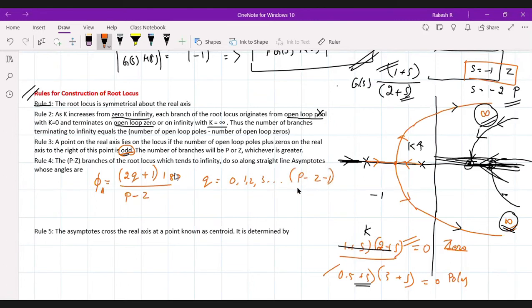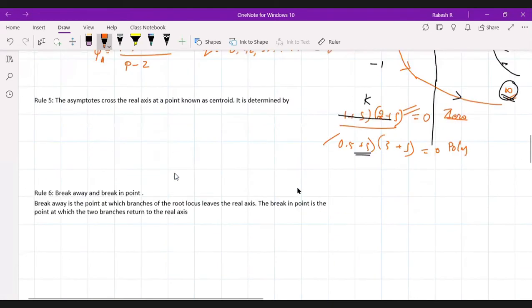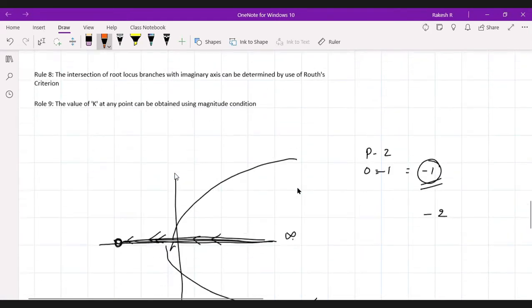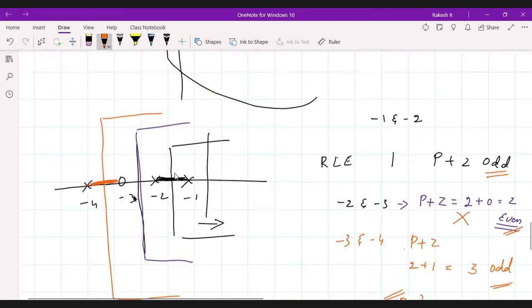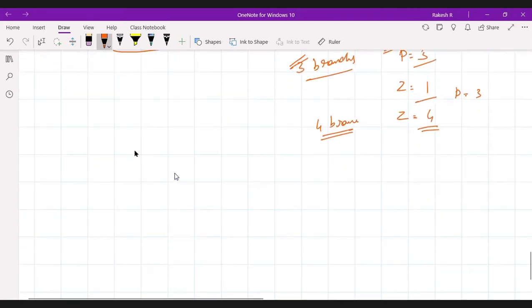See here in the question, in some problems we will be having 1 pole, another pole, and 1 zero. So we need to find out how this root starts, the angle at which the root starts here.